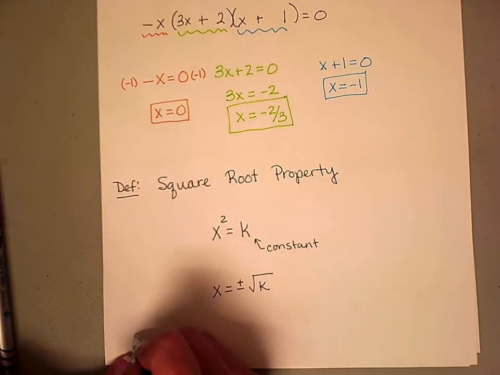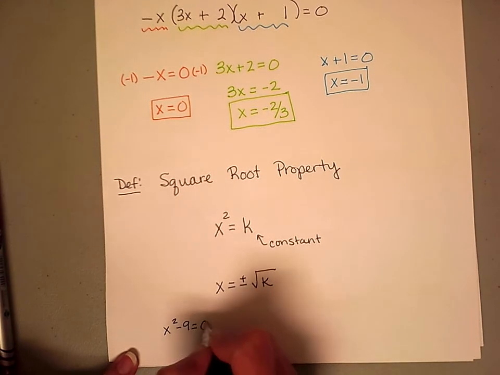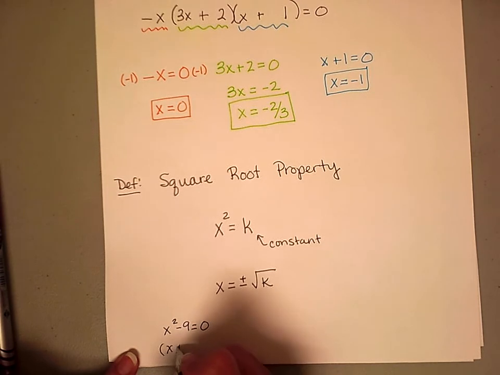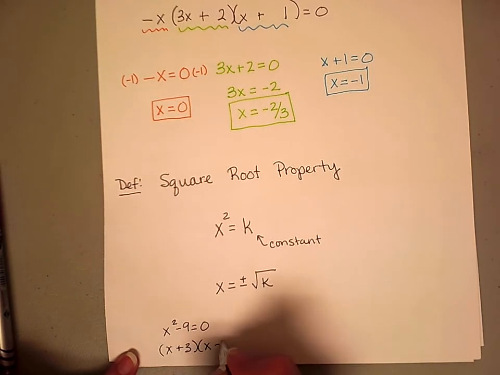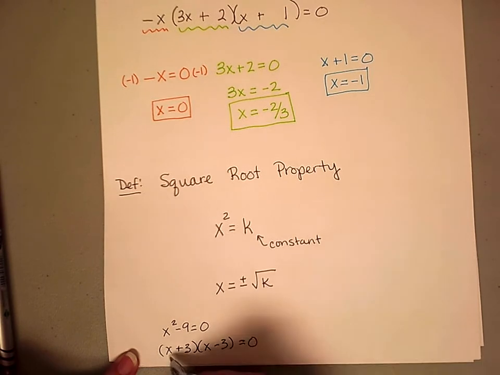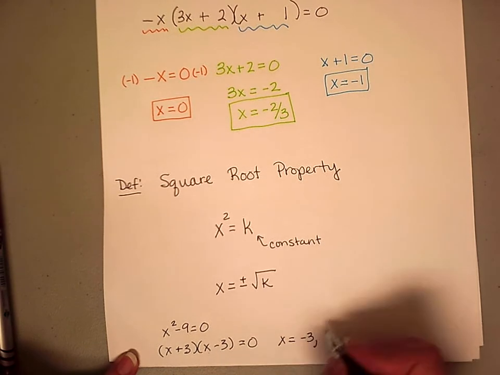And remember when we solved x squared minus 9 is equal to 0, we did it by factoring, by saying x plus 3, x minus 3 equals 0. So either from here x equals negative 3, or from here x equals positive 3.